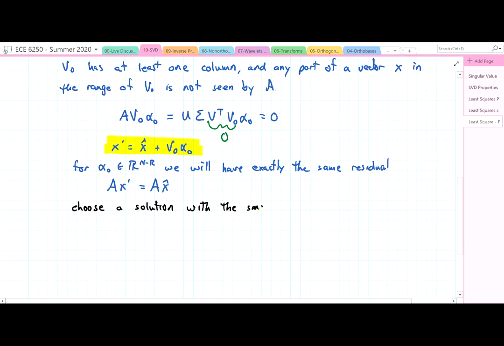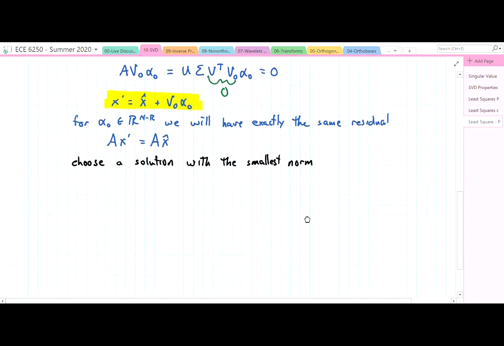So here we're not looking at the smallest residual, we're looking at the smallest norm of the solution vector itself. In other words, let's find the smallest x hat that would work. So I think we all kind of know what that's going to be, but let's just walk through this.